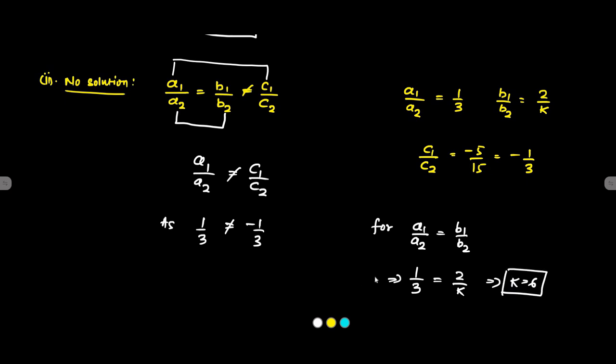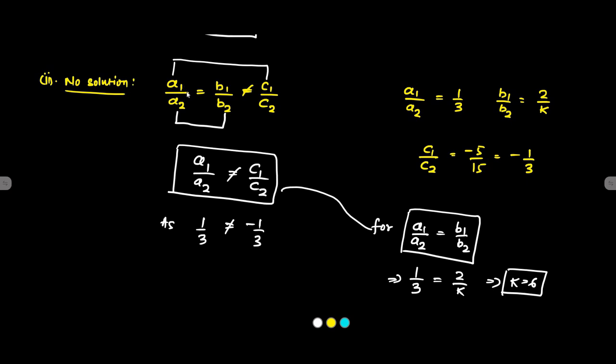So for k equal to 6, the above system of equations will have no solution, because a1 by a2 is not equal to c1 by c2 is satisfied, and from the other we got a1 by a2 equal to b1 by b2, giving the value k equal to 6 for no solution.